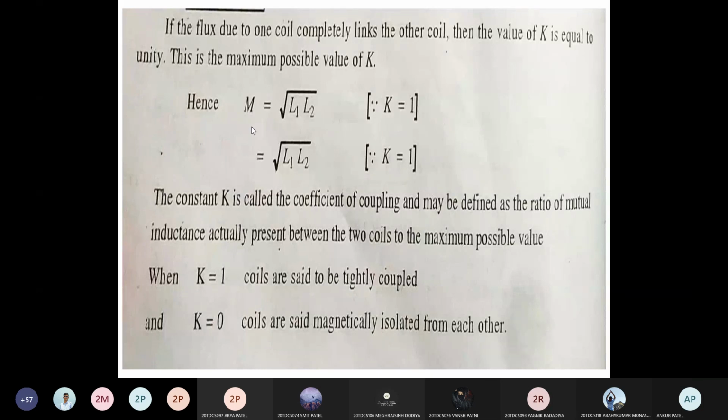Okay, so this is about induced EMF. Now we'll see some examples next week, by understanding these terms, correlating them, remembering the expressions, and applying the mathematical terms in the examples.